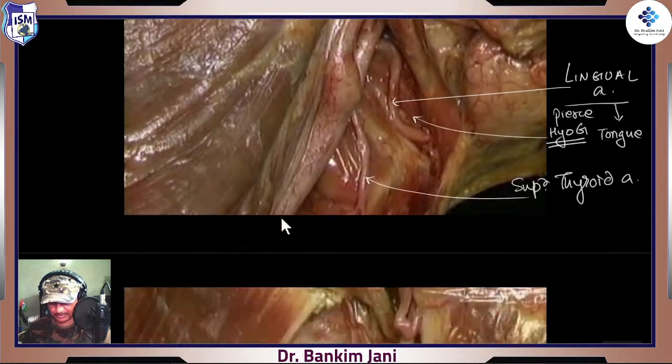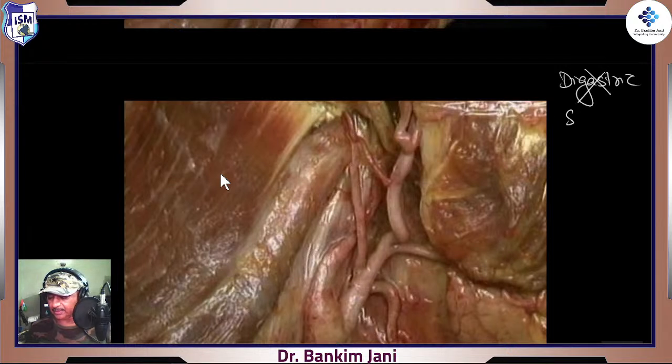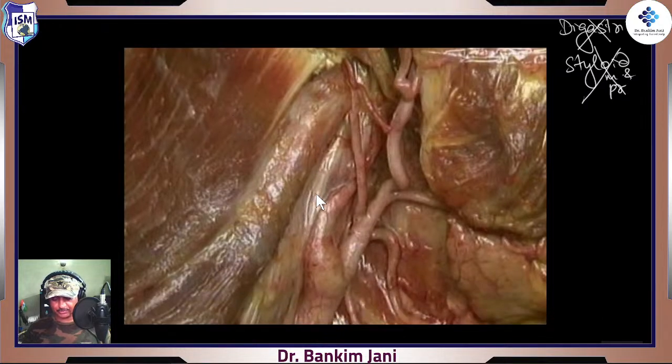Okay, let's dissect still further, to completely remove the digastric and the styloid muscle and process, so that we can really see all branches very properly.